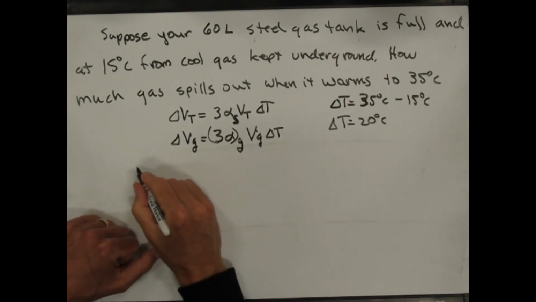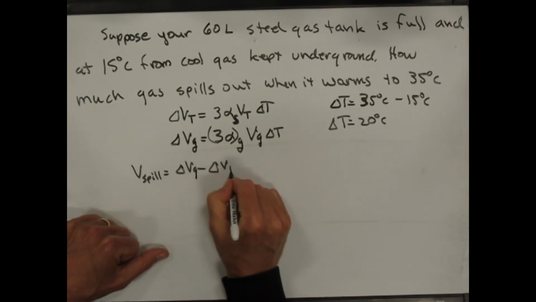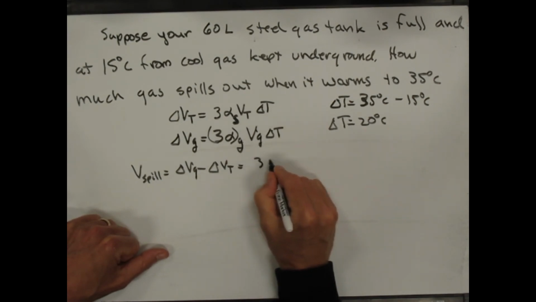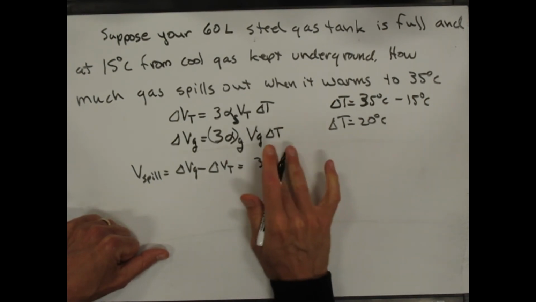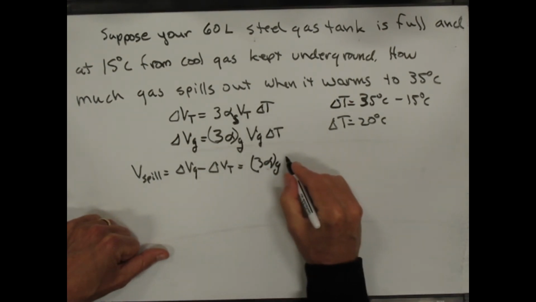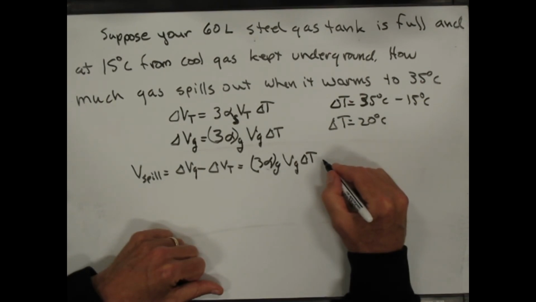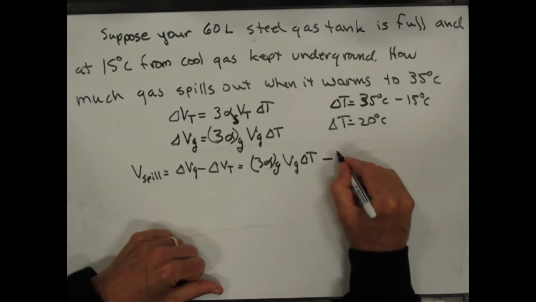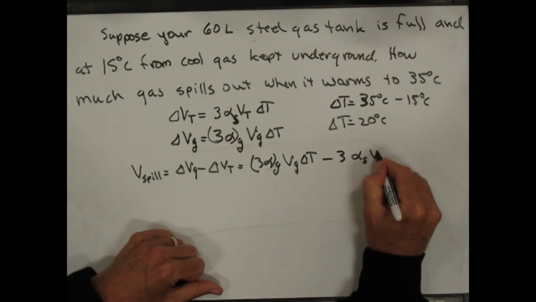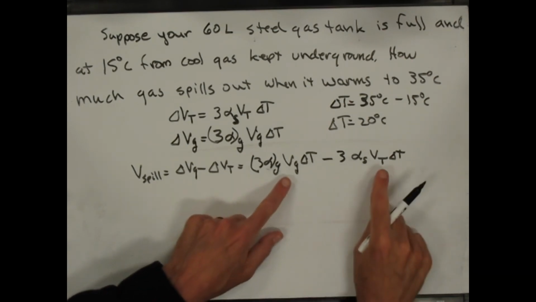Right? And so the volume of the spill is delta V gas minus delta V tank, which is 3 alpha gas, I'd write it that way, times V gas times delta T, minus 3 alpha steel V tank delta T. So these two guys are the same, right?